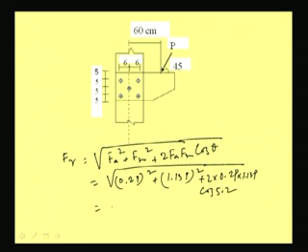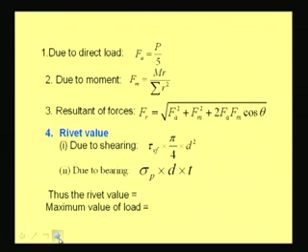From this we are going to get Fr as 1.33 P. Now, what will we find out? Now, we have to find out the rivet value. Okay, let us find out now the rivet value.